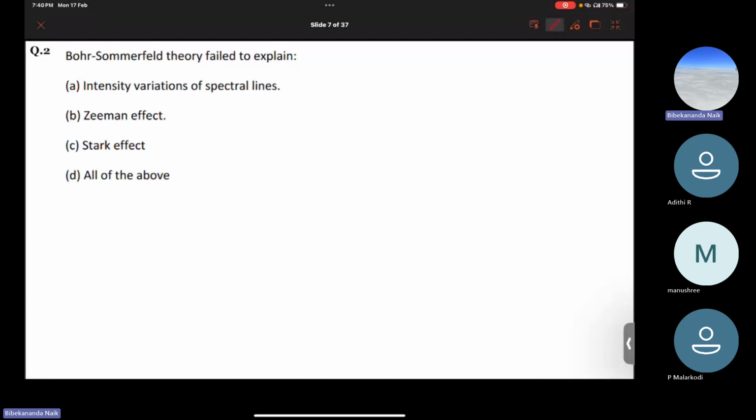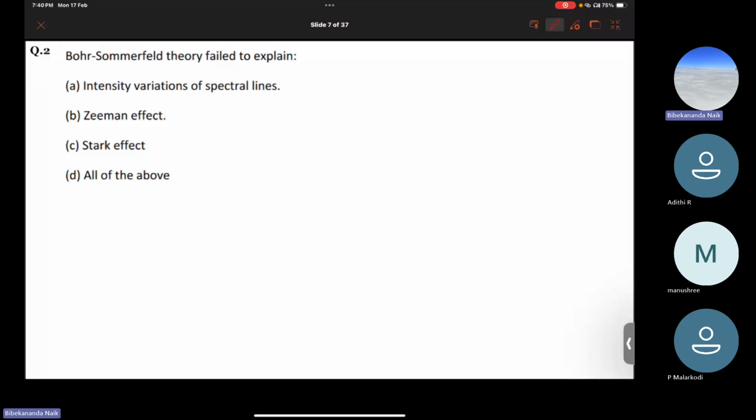Now, if you talk about the Zeeman and Stark effect, there was no discussion about the orbital and spin things. We know the Zeeman effect comes because of the orbital and spin motion of the electrons. In a few weeks we will be discussing the Zeeman effect in more detail.